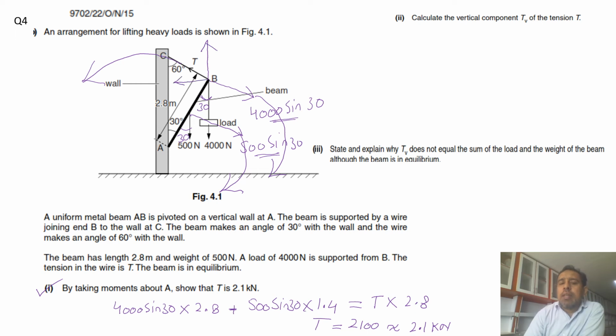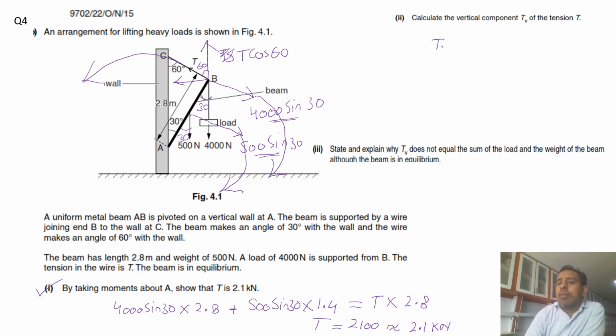If this is 60, the opposite angle is 60 as well. So this component is required because this component is vertical. This component is called T sine, sorry, it is T cos 60. Because the angle is with this component, that is why it is called T cos.